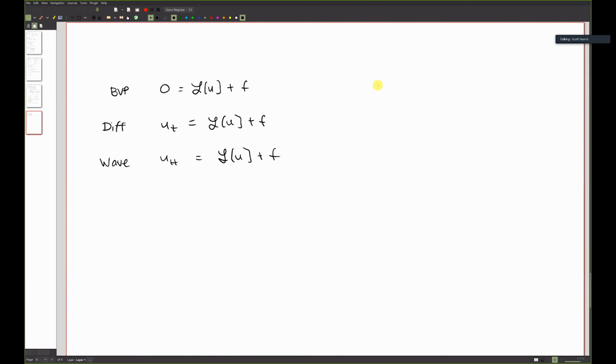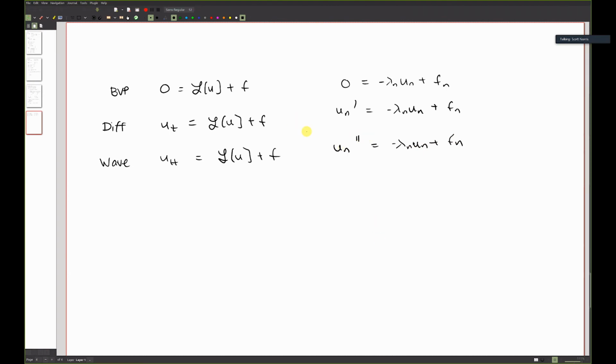And when you take the transform, you get minus lambda sub n u sub n plus f sub n equals 0, minus lambda sub n u sub n plus f sub n equals u_n prime, or minus lambda sub n u sub n plus f sub n equals u_n prime prime.